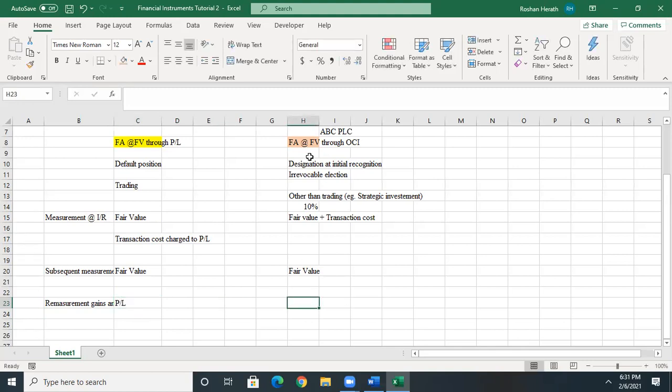Here, as the term suggests, take the gain or loss to the OCI. Whatever you take to the OCI will constitute a reserve. We call it the financial asset at fair value through other comprehensive income reserve. So this is the reserve that it would create.